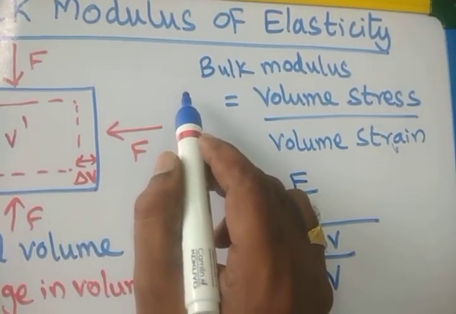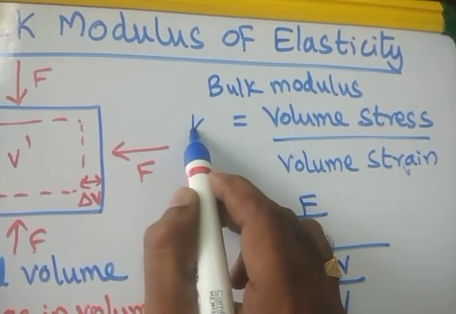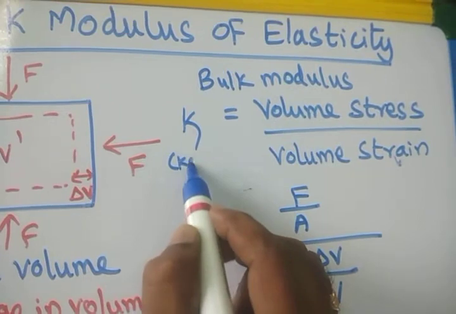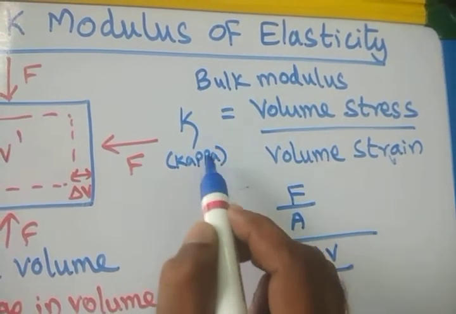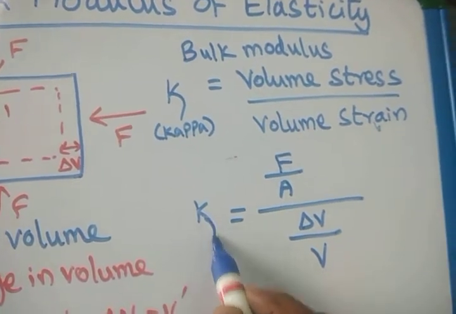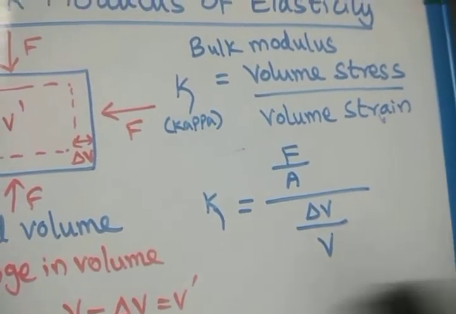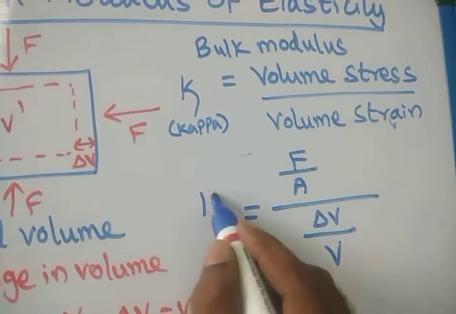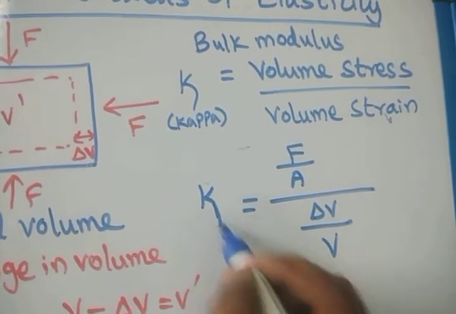For the bulk modulus we use the symbol kappa. Kappa is a Greek letter. It is like a K, but you have to write it like this, just extend this line.